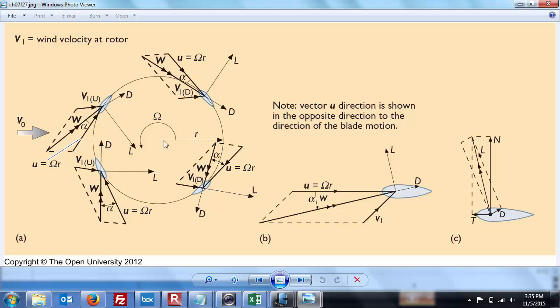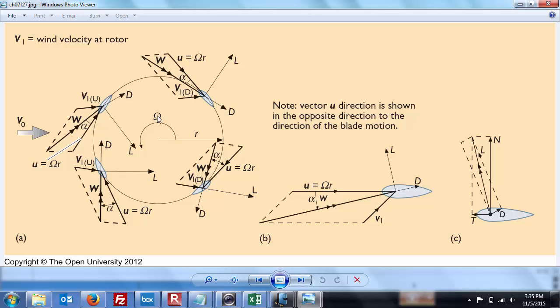This vector R, the radius of the turbine, isn't changing unless you had one of those weird boat-shaped ones or something like that. The angular velocity, at a given point in time, all four of these blades are traveling at the same velocity. So the tip speed is the same length. The only thing that changes is its direction. It's always tangent to that circle. Tangent, tangent, tangent, tangent. Okay.